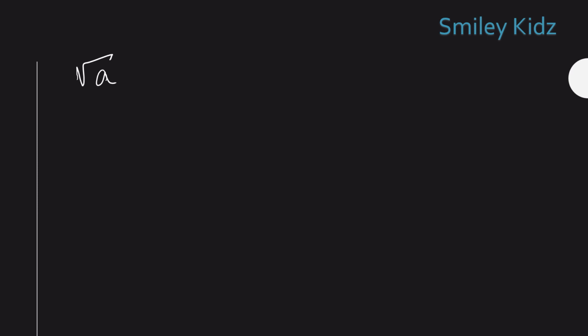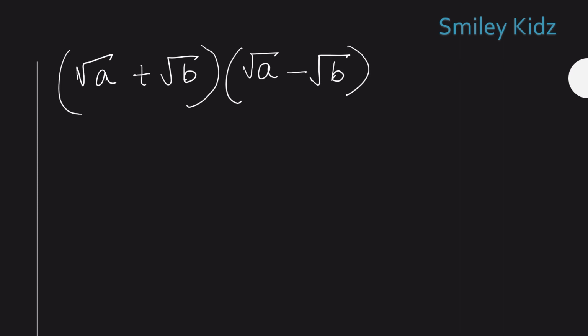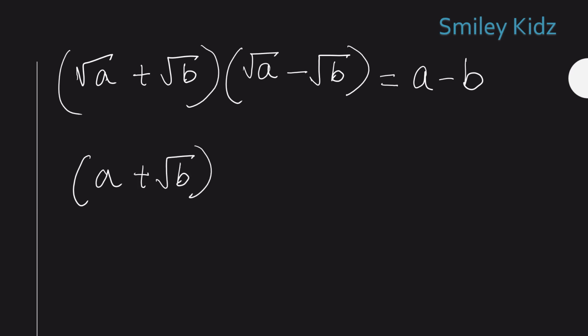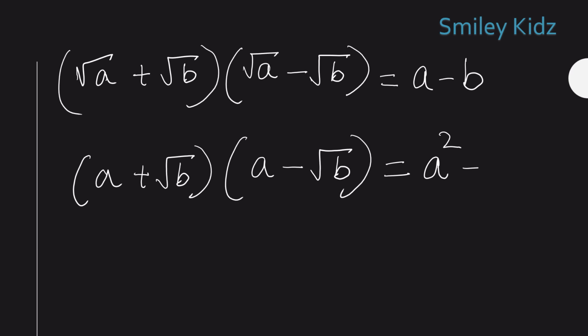Square root of a plus square root of b multiplied by square root of a minus square root of b is equal to a minus b. a plus square root of b multiplied by a minus square root of b is equal to a square minus b.